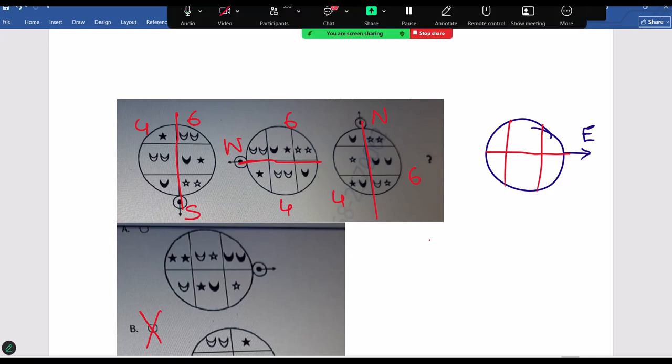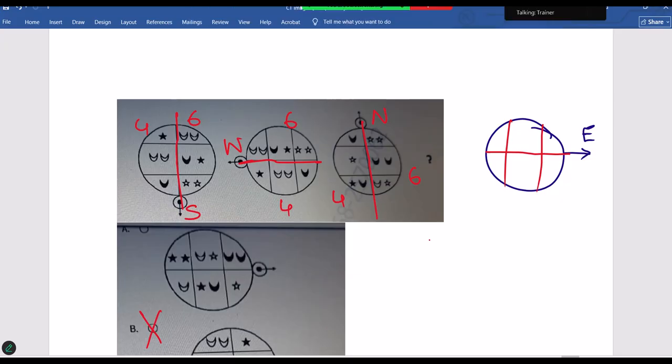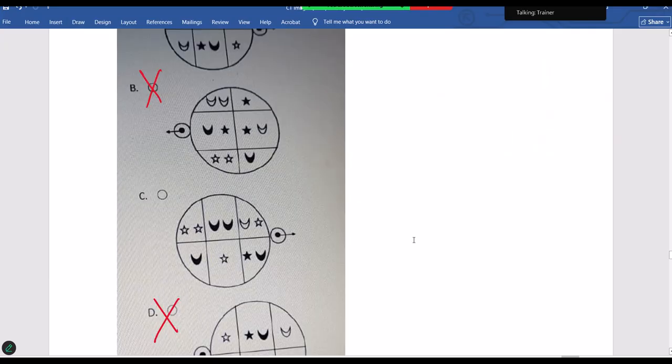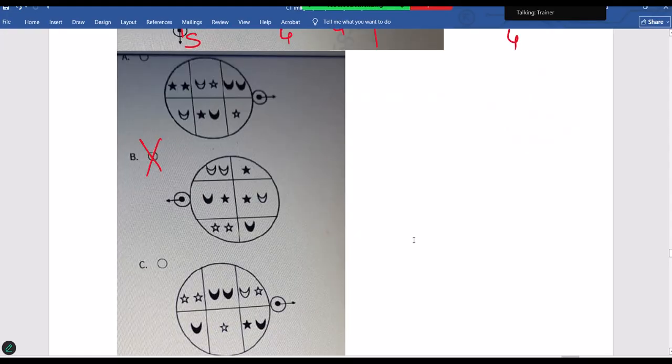If you see this, it is 4. Now it should be 4 at the bottom, 6 at the top, or 6 at the top, 4 at the bottom. Again 6 on the right side, 4 on the left side. I think it seems like 4 and 6. 4 should be at the bottom. Here also 4, here also 4.